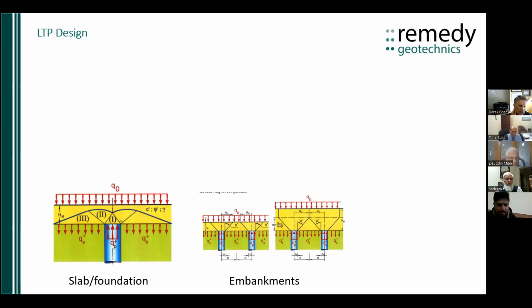I'll just move on because time's going on. So the LTP design. Now, as we've seen, the LTP is above the head of the column, and as the load comes on, we've got sort of an upside down bearing capacity type problem.